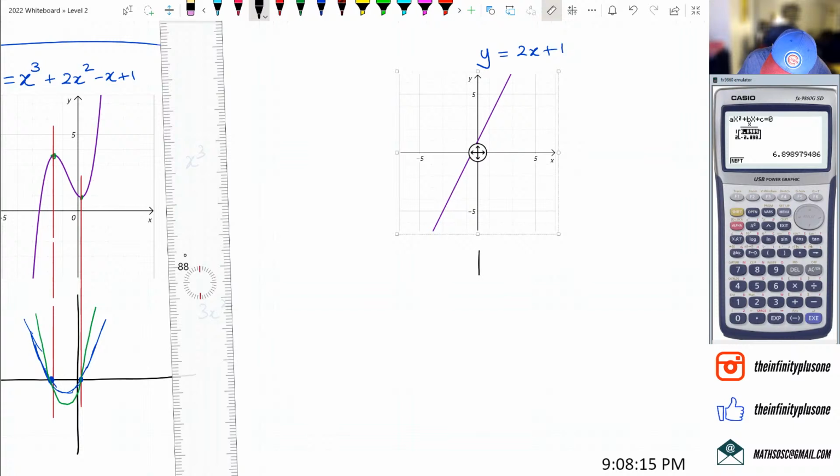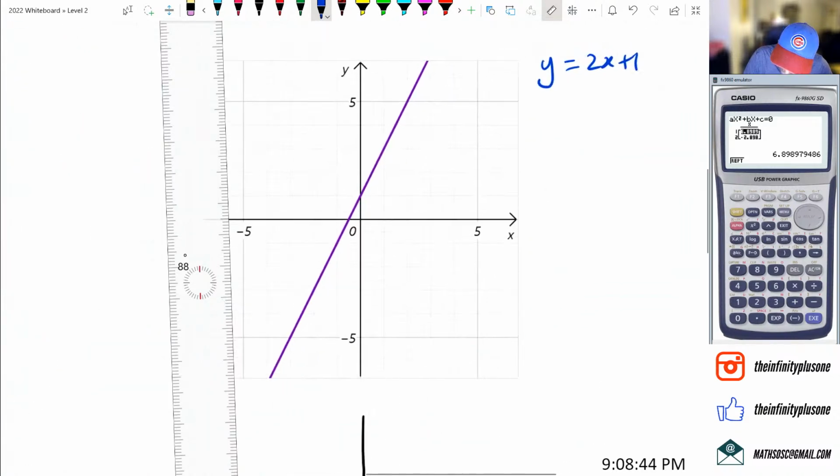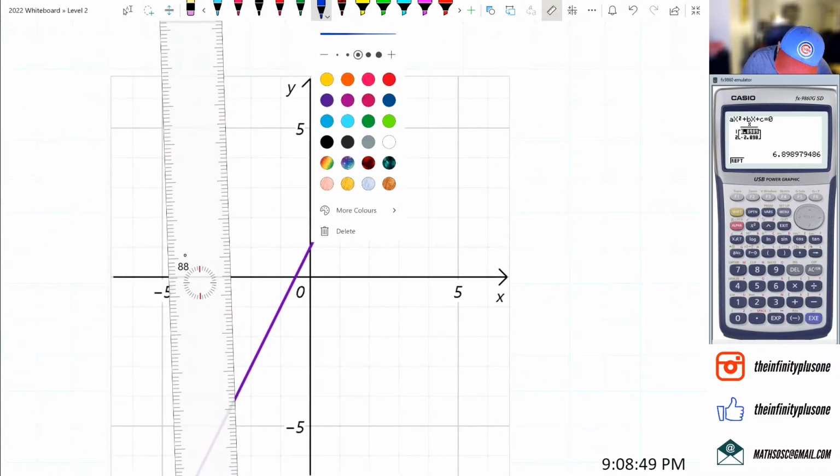So what happens here? Well, here it's really important, Stacy, that you pick this up. Because here, if they don't give you a unit, they just give you a straight line like this, they will have to give you some sort of indication of what the gradient is. They might put down y is equal to 2x plus 1, or if they don't give you the equation, they just leave it like this, then you might have to manually work out what the gradient is.